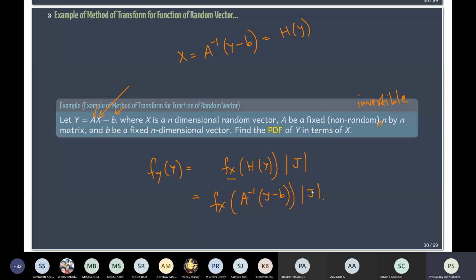We are supposed to find the determinant of this Jacobian, so we are supposed to find the matrix derivative. This will be A inverse.